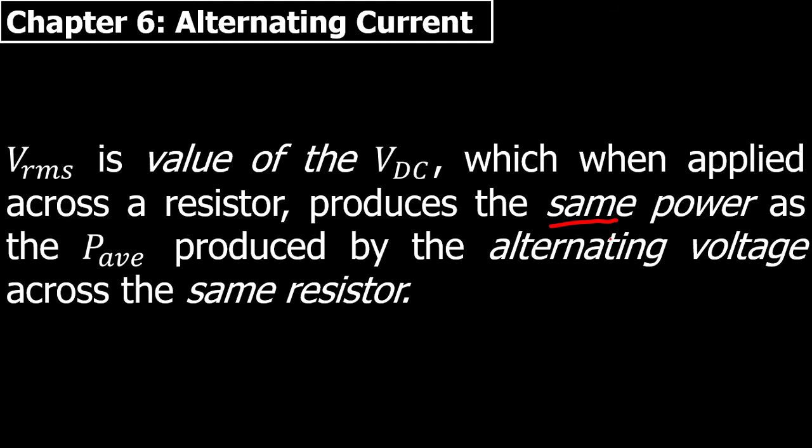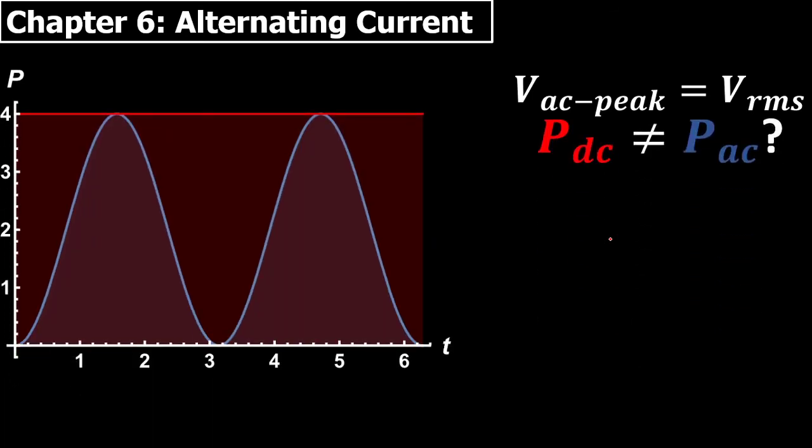So what do we do now? We make assumptions and see if the power output is the same. Let's say the peak voltage for AC is the same as the voltage for RMS. In this graph, the power output is the area under the graph. Is it the same?